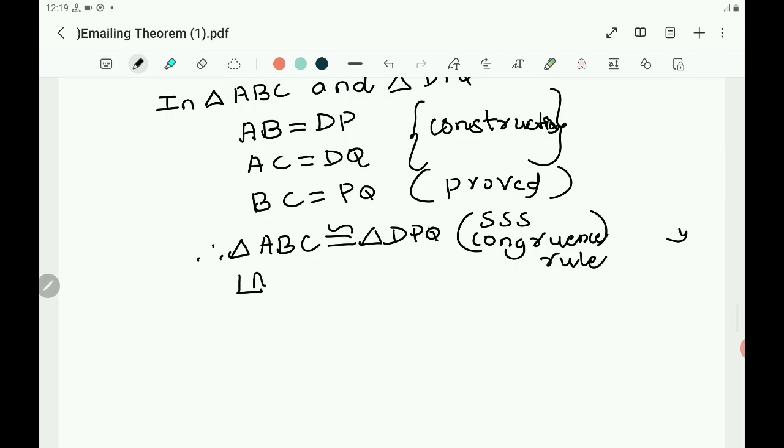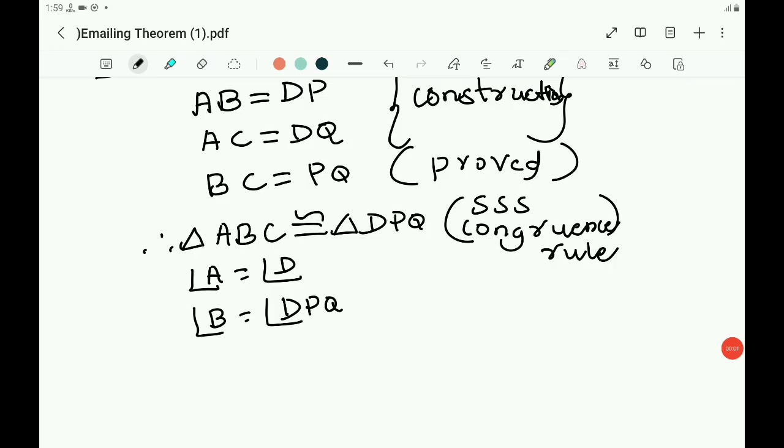What is the reason? According to CPCT, corresponding parts of congruent triangles.